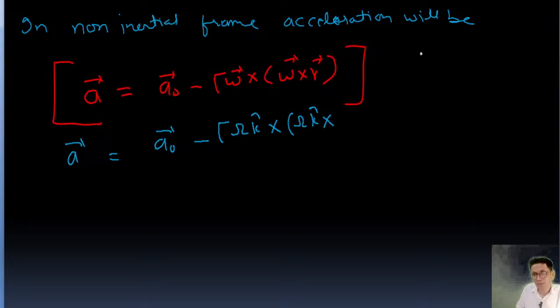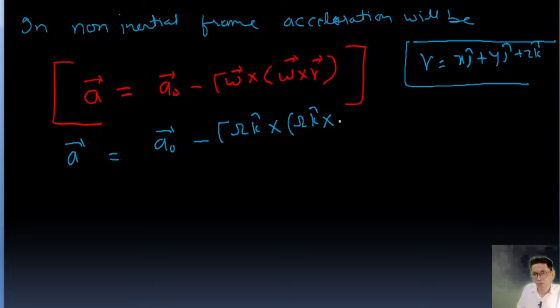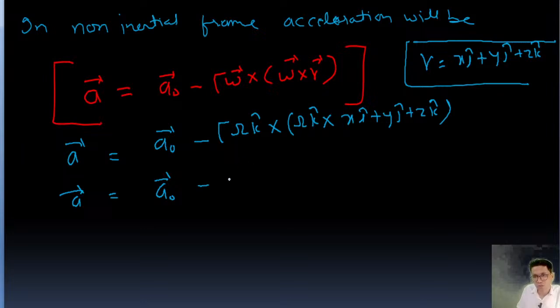We know the r vector is the position vector, x i cap plus y j cap plus z k cap. This you need to note down. Now we'll simplify it. So a is going to be a naught minus this one, with omega k cap from outside, and we'll do the cross product of these two.